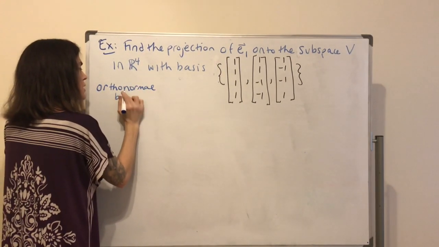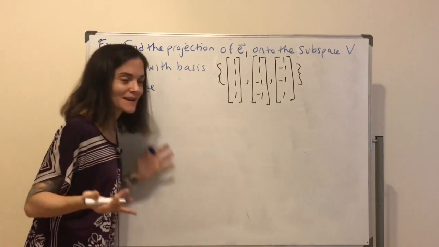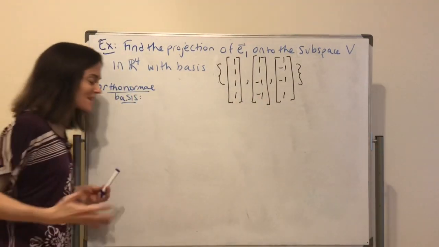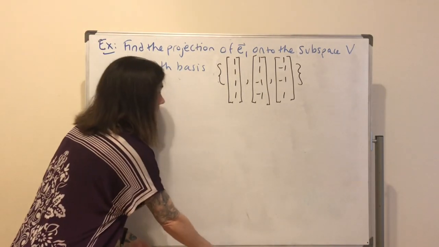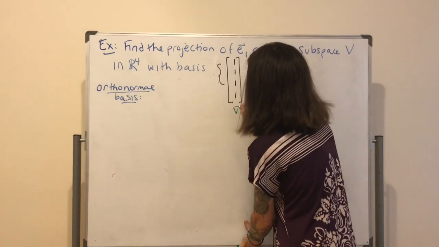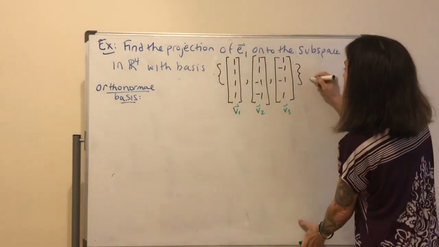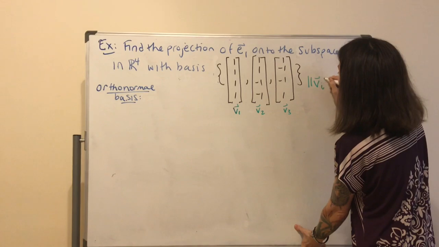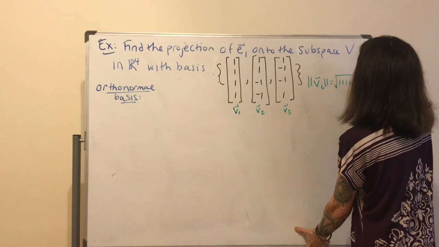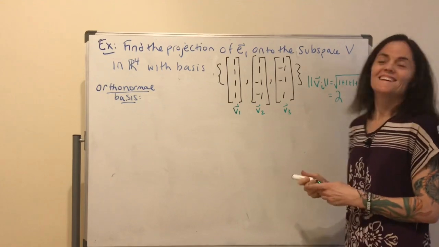This is what we need to start with, the orthonormal basis. This is kind of like we did before I defined the orthogonal projection. We need to take these three vectors and normalize them. Well, the thing is, they all have the same length. So if I called these V1, V2, V3, all of these have the same length. The length of Vi is the square root of 1 plus 1 plus 1 plus 1, which is the square root of 4, or 2.